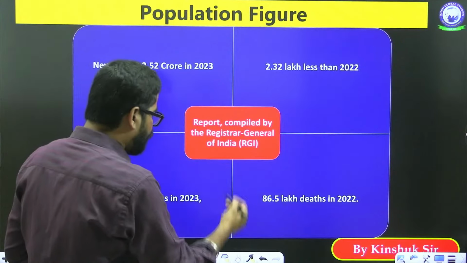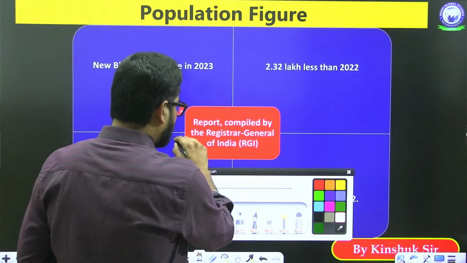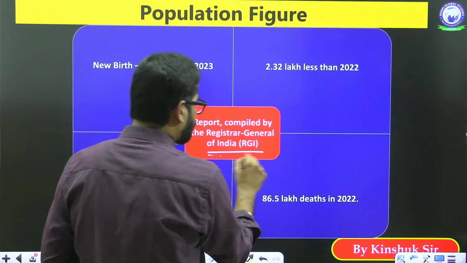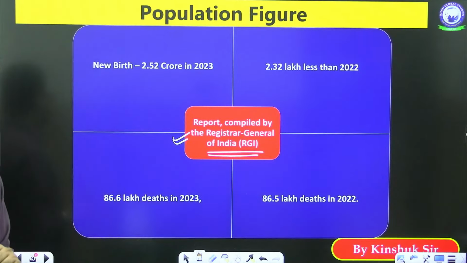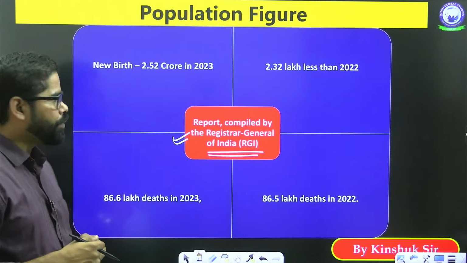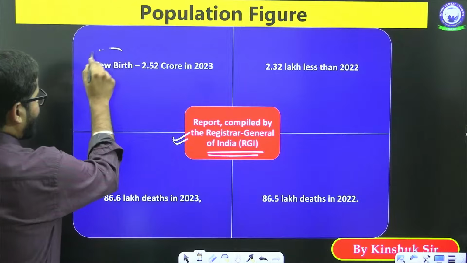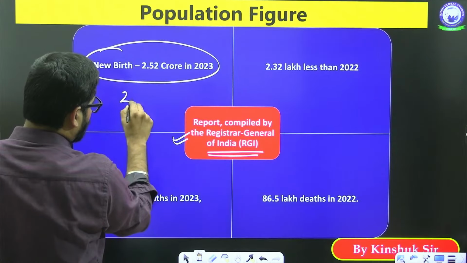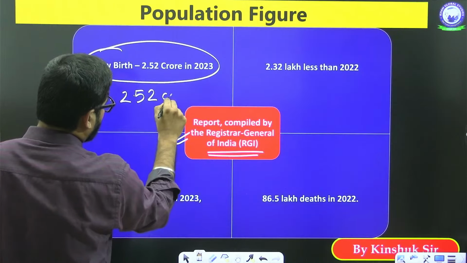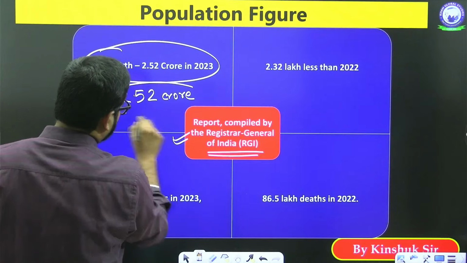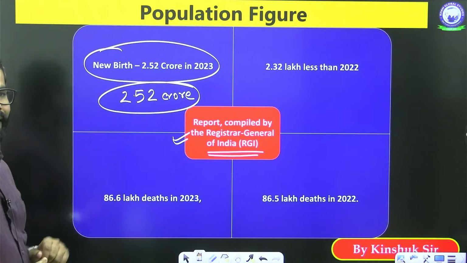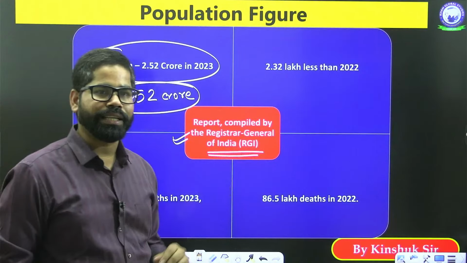There is this report which has been compiled by the Registrar General of India. He has come up with this report, and we see that around 2.52 crore new births took place in India in 2023.